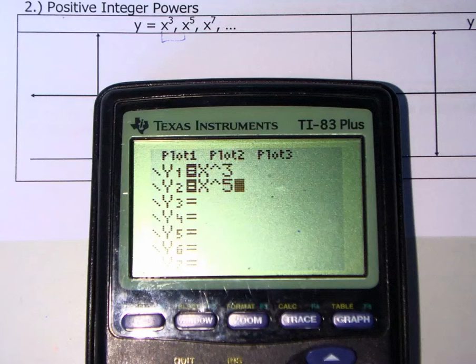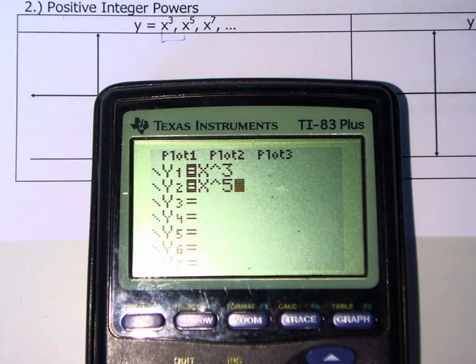You might want to change the type of line so you can really distinguish between the two, and then graph both of them on the same grid. If you feel like you need to, you could zoom in to get a closer look, whatever you think you need to do to see what these graphs are doing.